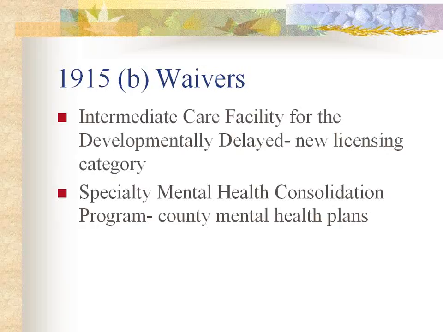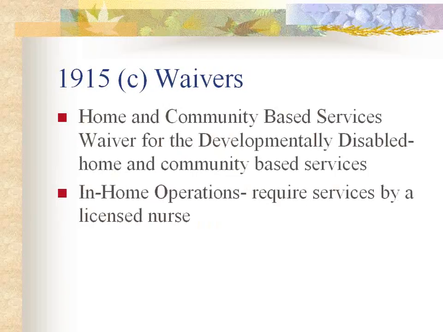So the mental health money was taken out of Medi-Cal managed care plans and given to the county mental health programs so that the county mental health programs could operate the mental health programs as opposed to people getting their services through their health plans. So those are two examples of 1915B waivers.